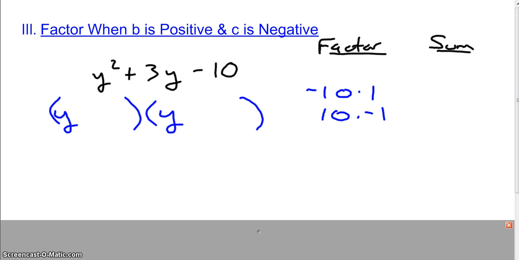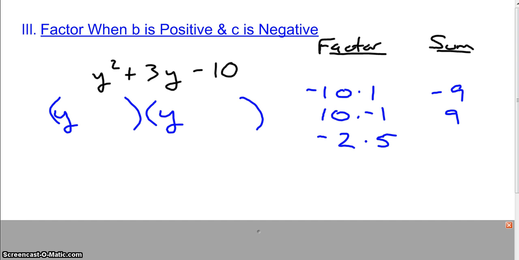And now when I sum those up, do I get the middle of 3? What do I get when I have 10 plus -1? This is 9 and this one -9, right? So that doesn't work. So what must the factors be? -2 and +5, she says.